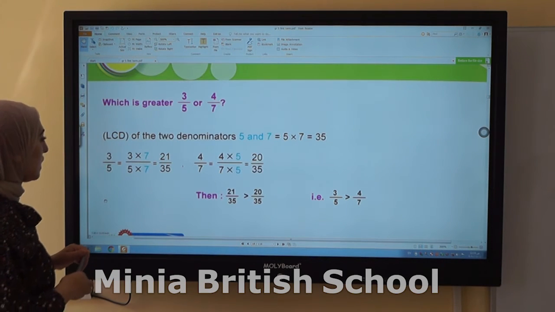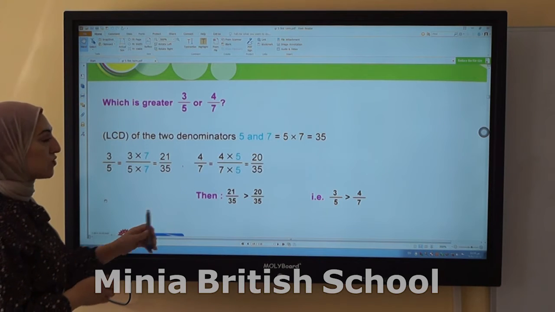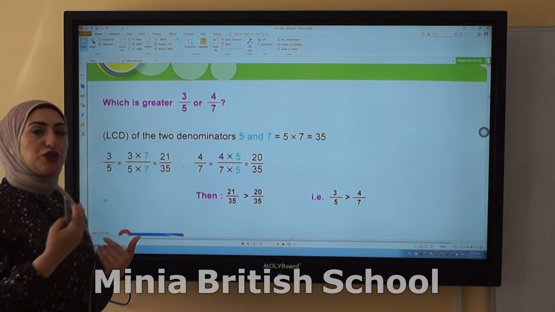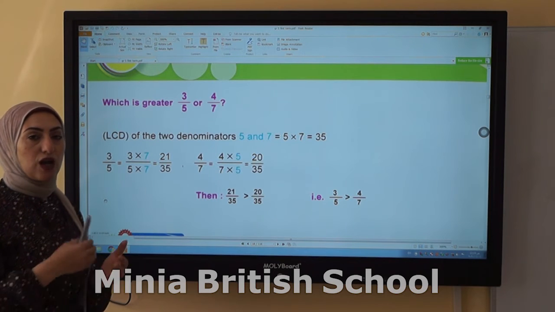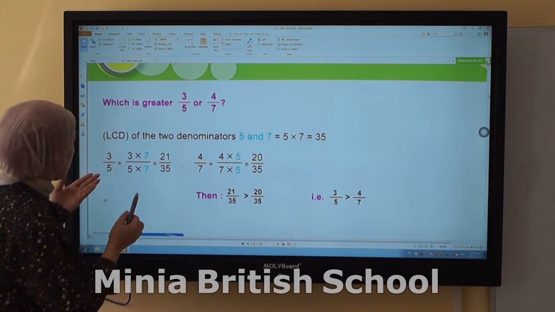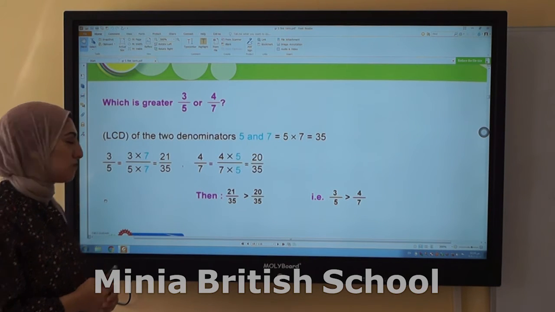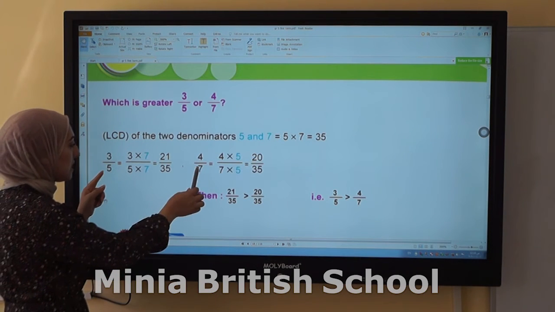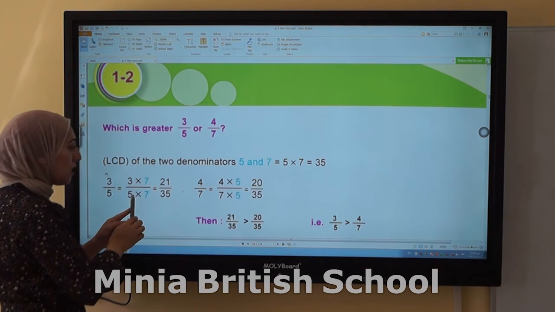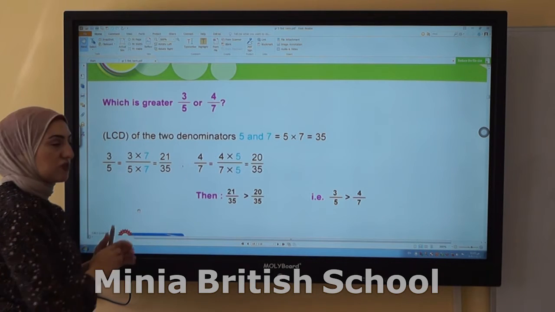Here I want 3 over 5 and 4 over 7. LCM means I want to unify the denominators, to make them the same. So 5 and 7 are different; I multiply them together. 5 times 7 equals 35.